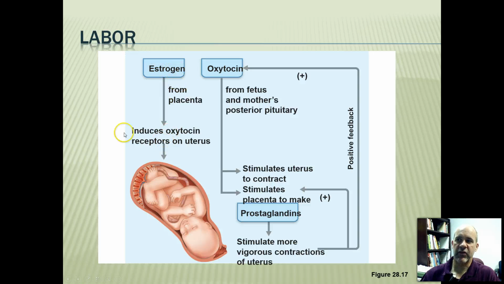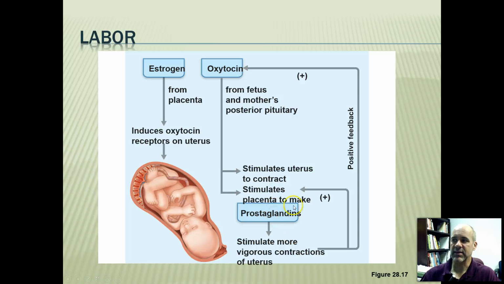Estrogen has stimulated oxytocin receptors to develop on the uterus during the pregnancy. So oxytocin attaches to those receptors, stimulates the uterus to contract, and stimulates the placenta to make prostaglandins, those signaling molecules we've talked about before.